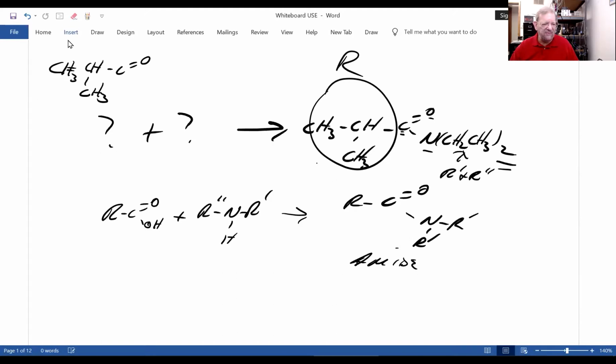And I'll have my carboxylic acid group. What's my R prime and R double prime on nitrogen? Well, they're the same, so I can use this shorthand. This is one way of writing it. And I'm done. And that's how you make amides.